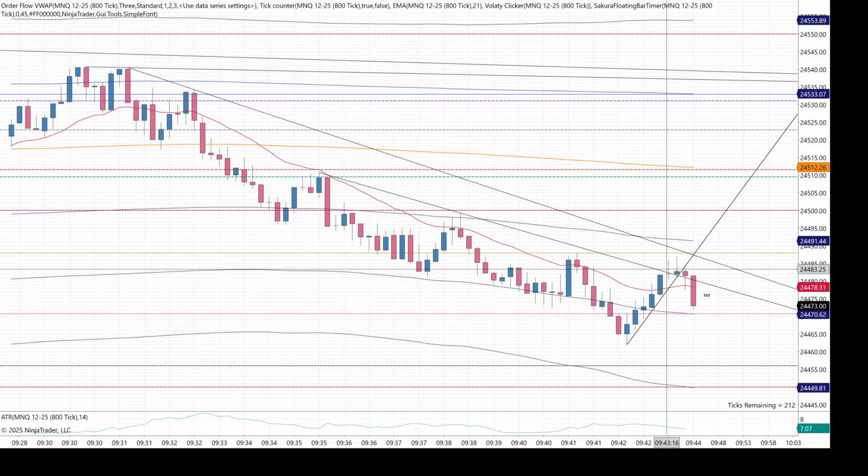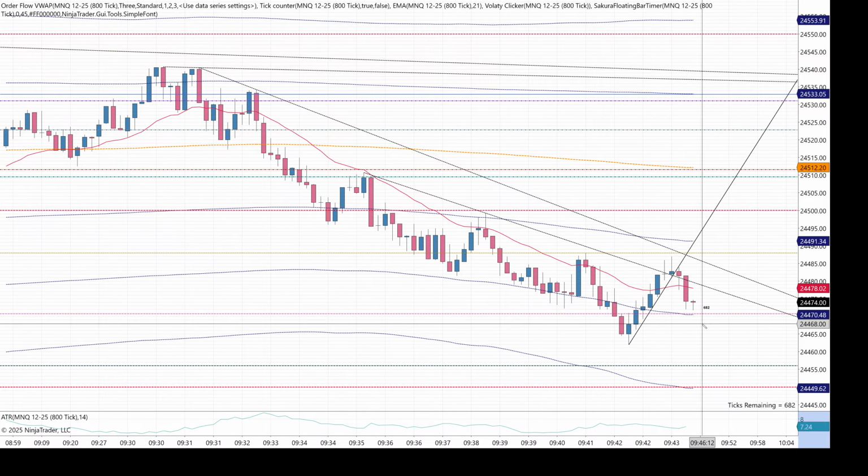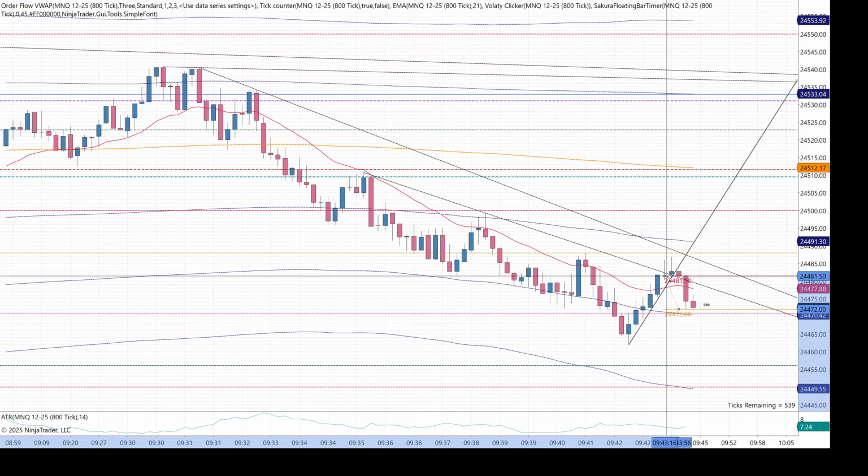Okay, that's why we didn't take it. These trend lines are still acting as resistance. And then we have a standard deviation level here, so we can't take this bearish either. Just kind of have to sit on our hands right now.